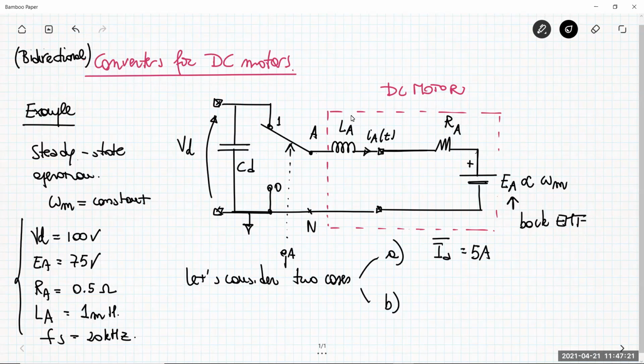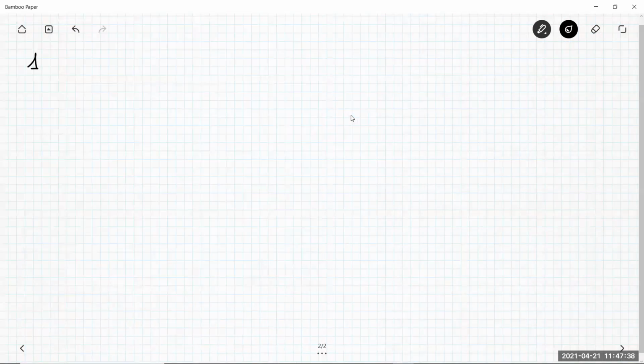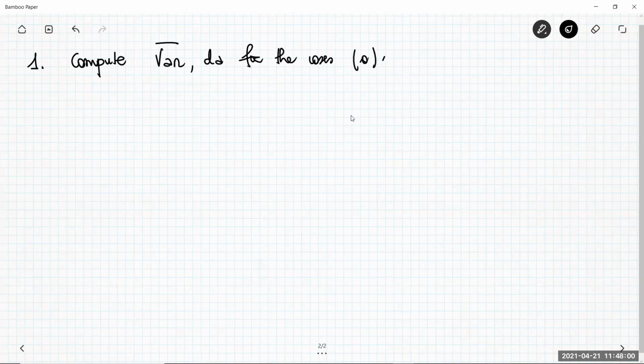And in the case B, a current average at the current port which is negative 5 amp. So for these two different situations, this is the first question: compute the average value of the voltage at the node AN at the current port and the duty cycle for the cases A and B.